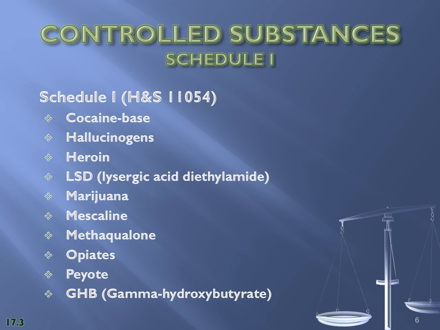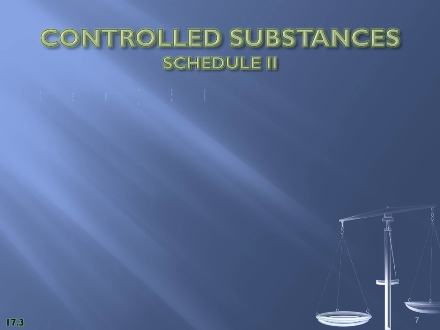Remember Schedule 1, so HSC 11054, has within its schedule cocaine base, hallucinogenics, heroin, LSD, marijuana, mescaline, methaqualone, opiates, peyote, and GHB. And so these are the types of drugs that will fall within the Schedule 1 area.